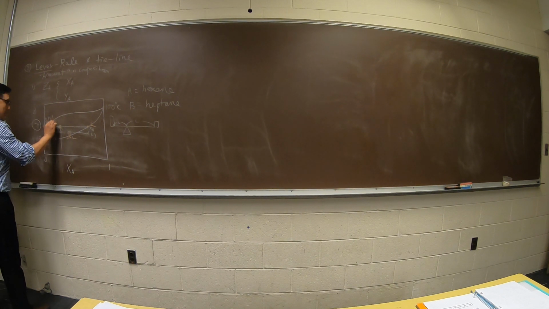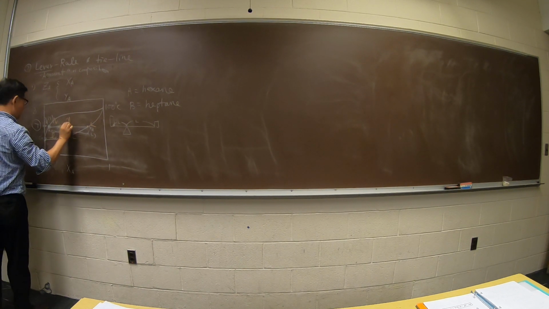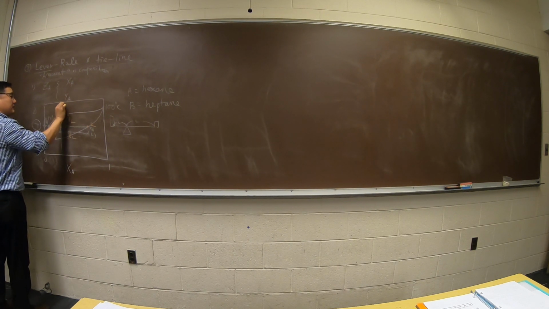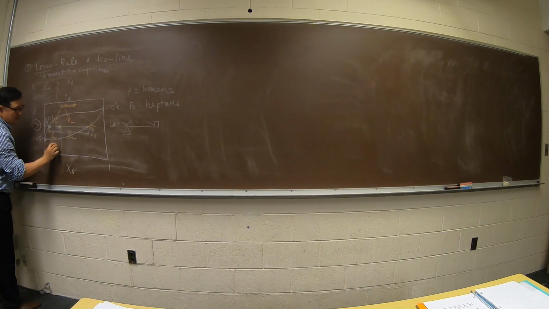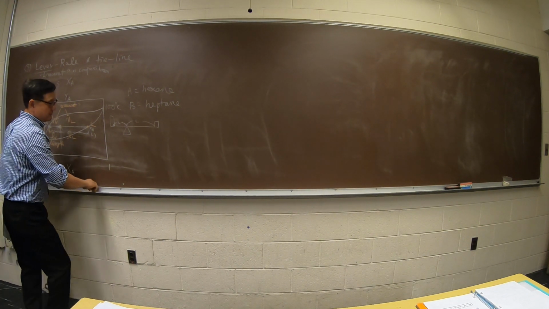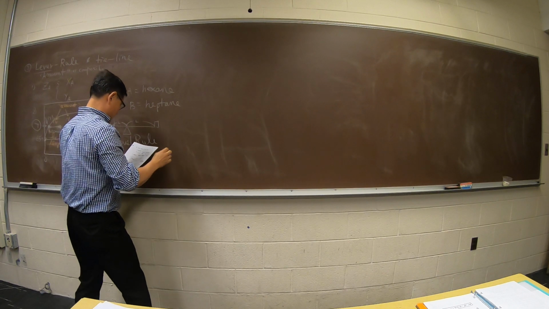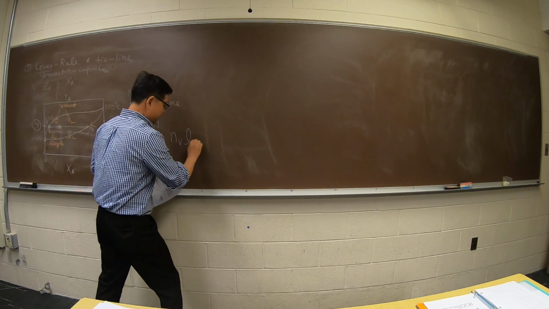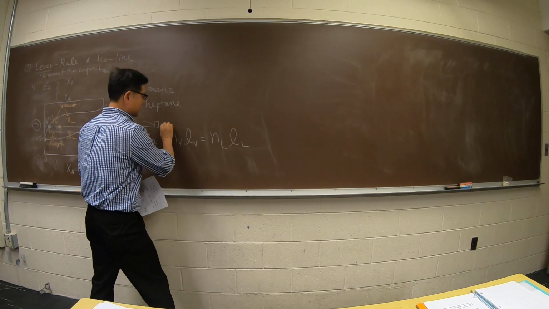NV and NL are what I call the amounts, the number of moles in the vapor phase and in the liquid phase. The lever rule is then NV times LV equals NL times LL.